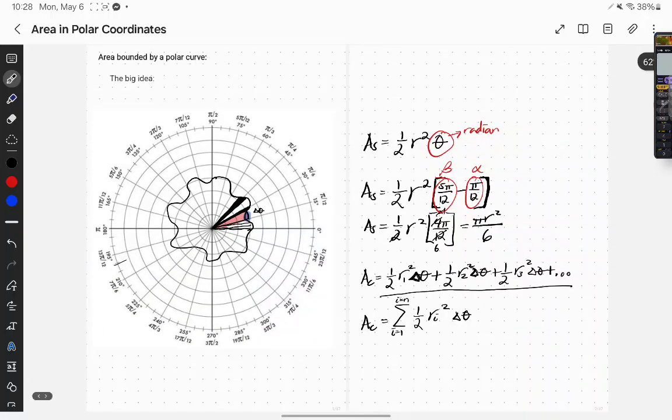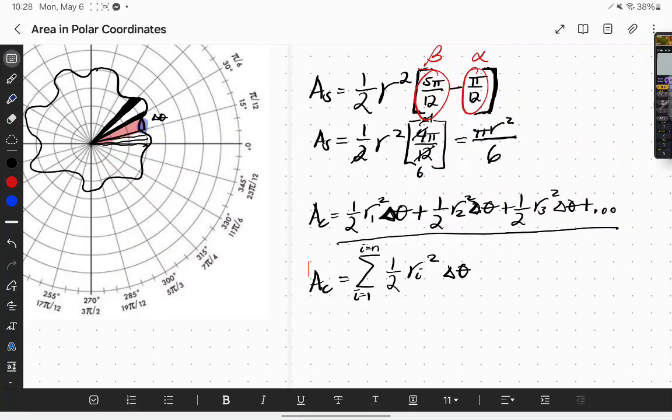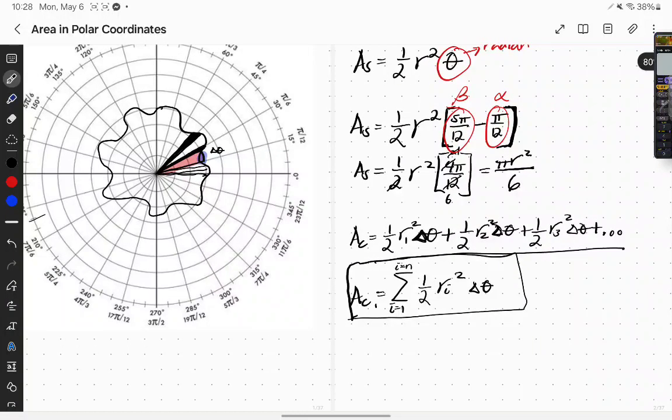Now, to make that more accurate, as I said before, we have to make our delta theta smaller. To do that, we take the limit of this area as delta theta approaches 0.